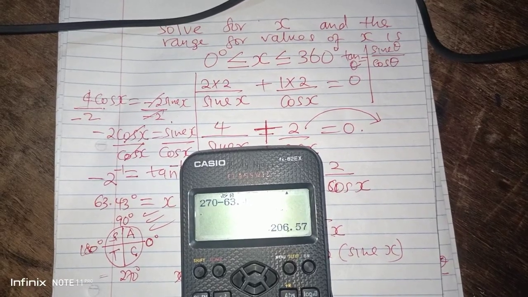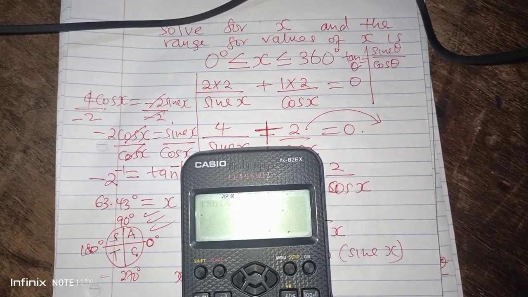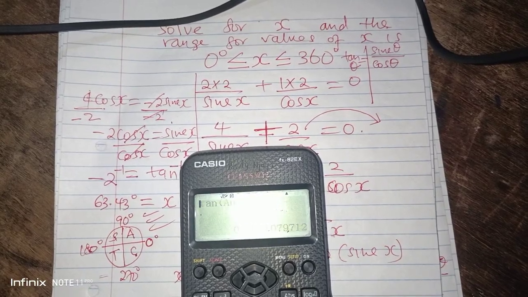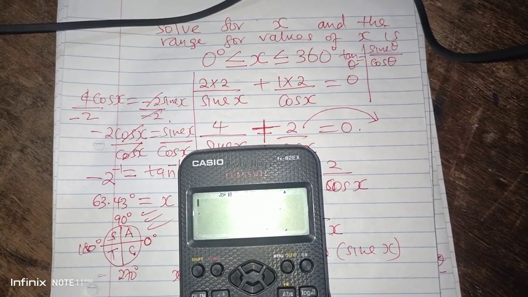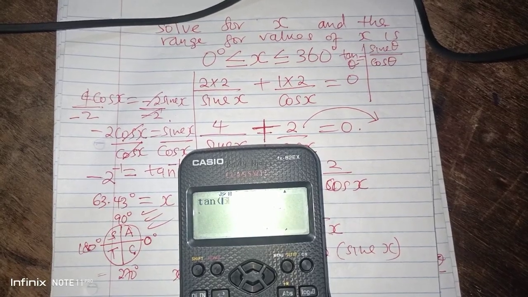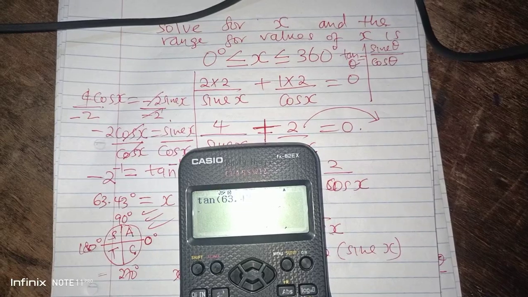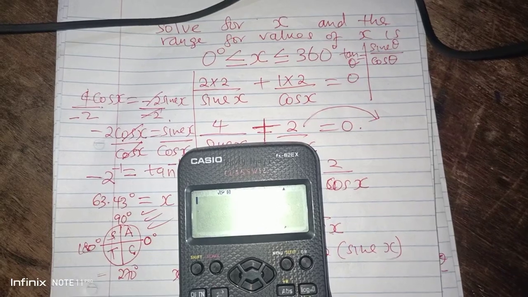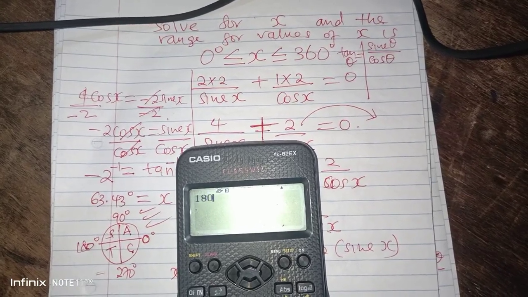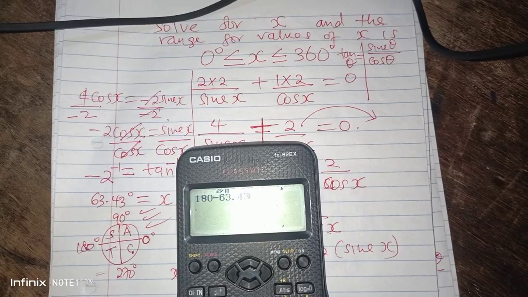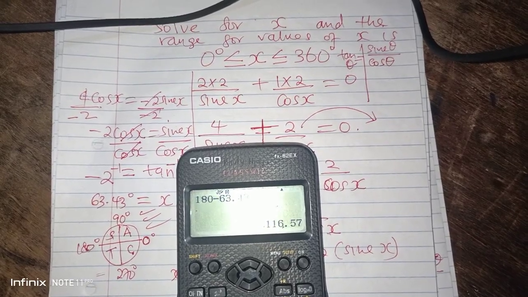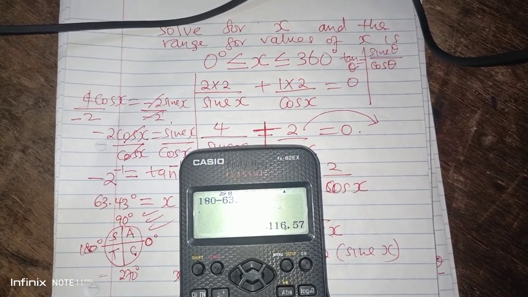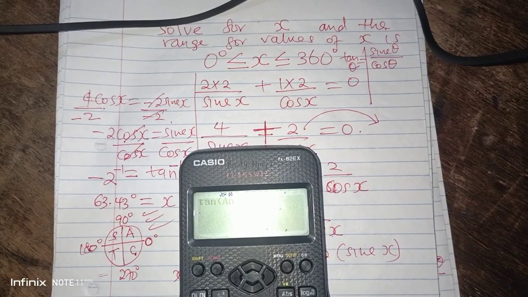So 26.57. So the tangent of that answer, it still does not give us. So let's see. The tangent of 63.43 will give us a positive answer. We want to get a negative answer. So let's see. 180 less 63.43, 116.57. So the tangent of that, and see whether it can give us negative.